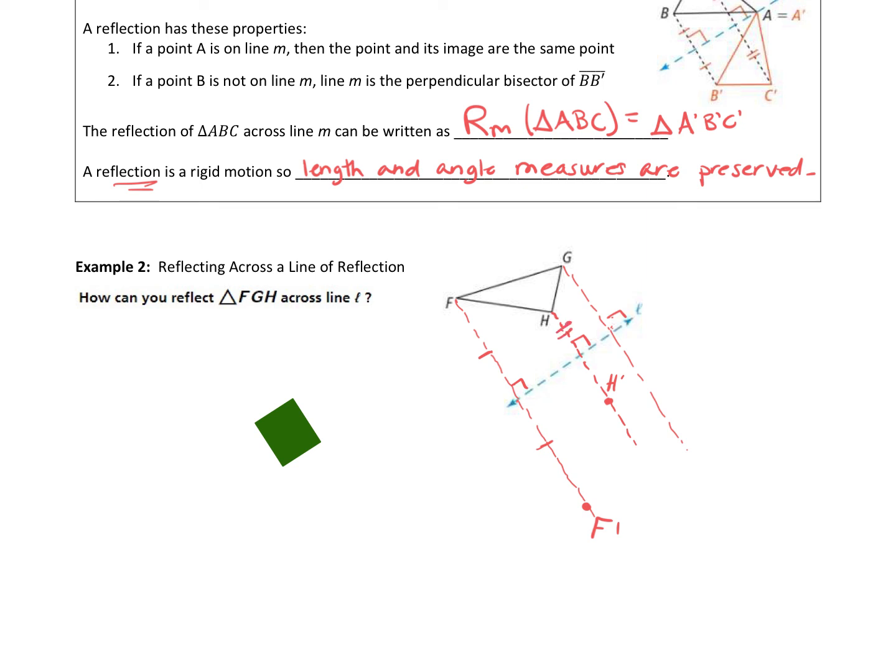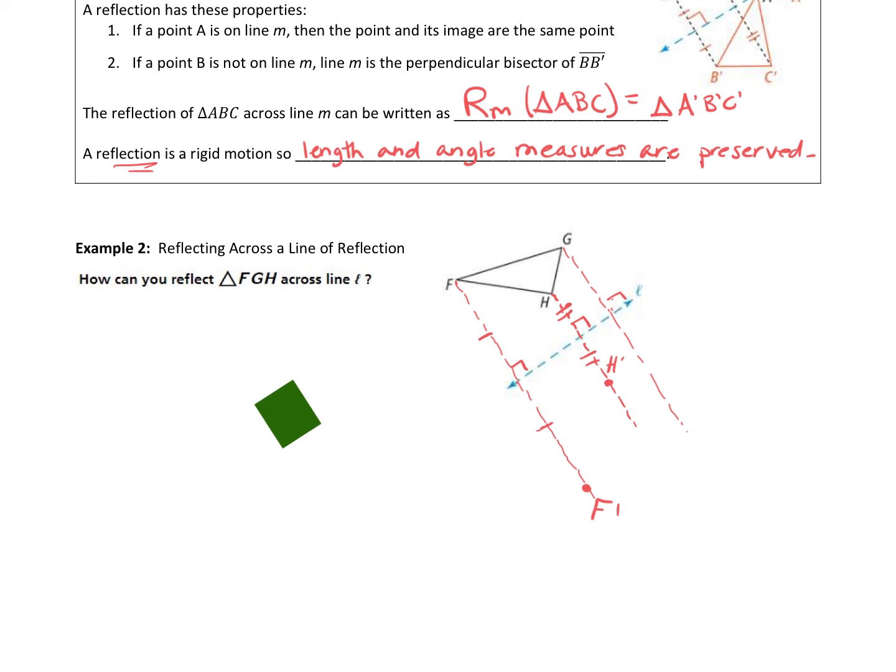H to the line of reflection is congruent to H prime to our line of reflection. And then we just need one more. We need point G. I'm going to make my rectangle go from G to the line of reflection, and then not change the size of it and move it down here, line it up so I can get G prime.